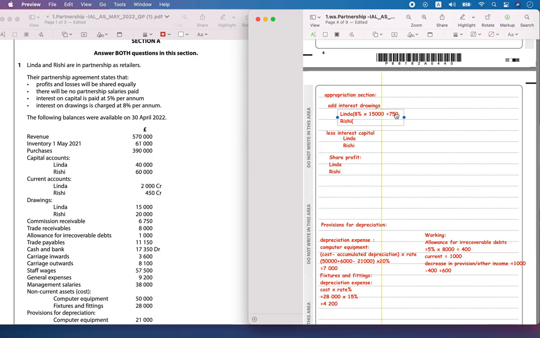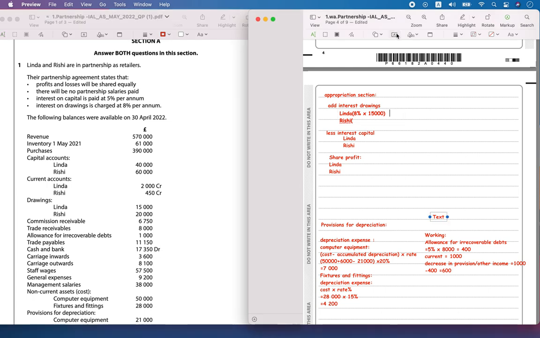Let's calculate the interest on drawings. The interest on drawings is 8% on the drawings made, which is 15,000.